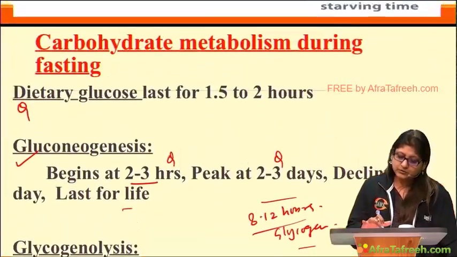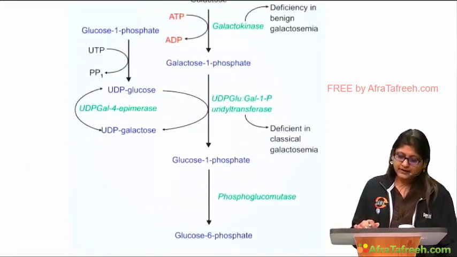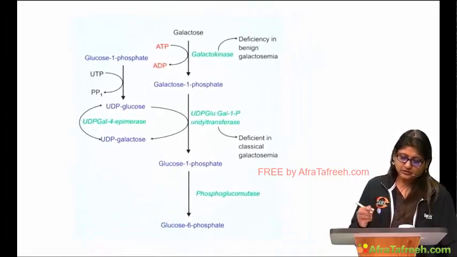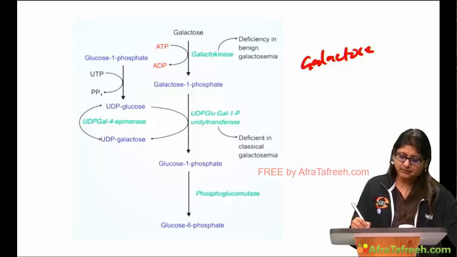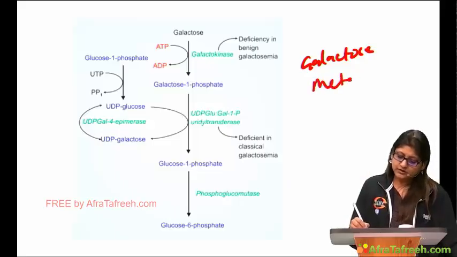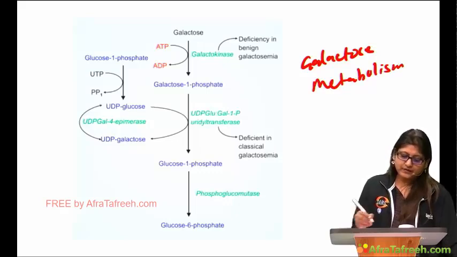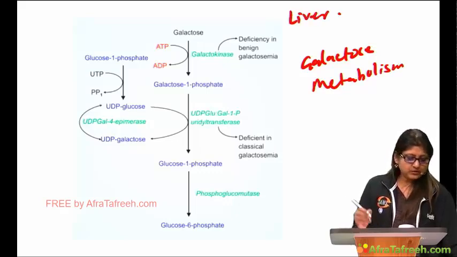Now coming to the next page, which is talking about galactose metabolism. Do you find this picture? Galactose metabolism is a very small, cute and interesting pathway, and it is seen only in the liver, you must know.